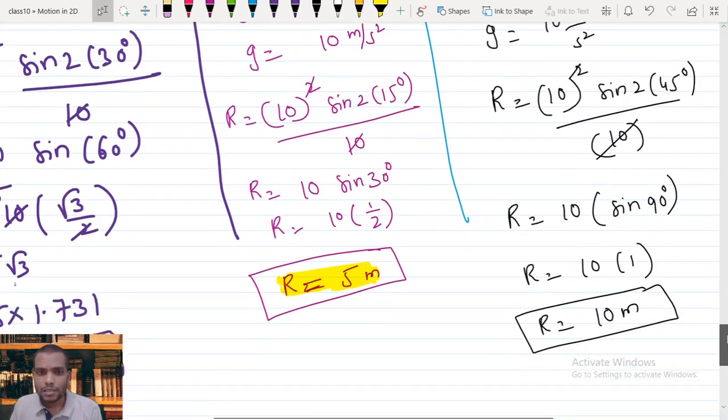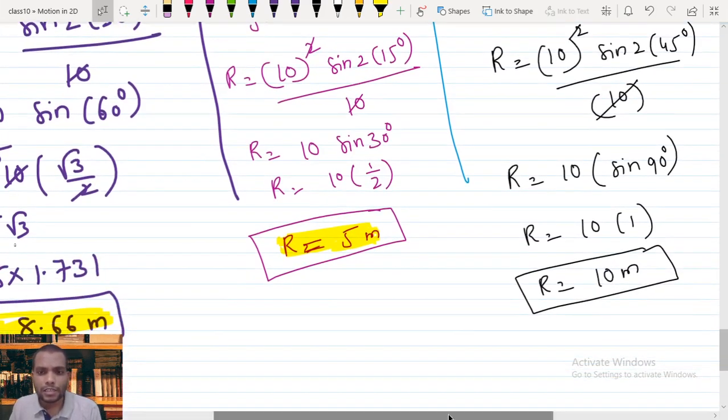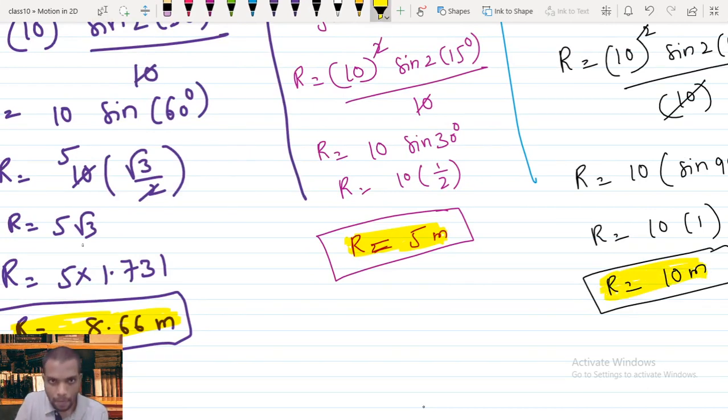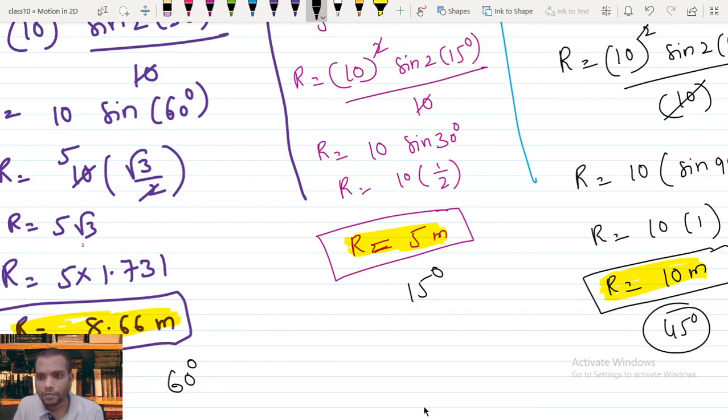So do you notice the considerable change in the values in the three cases? This is for an angle of 60 degrees, this is for an angle of 15 degrees, and this is for an angle of 45 degrees.